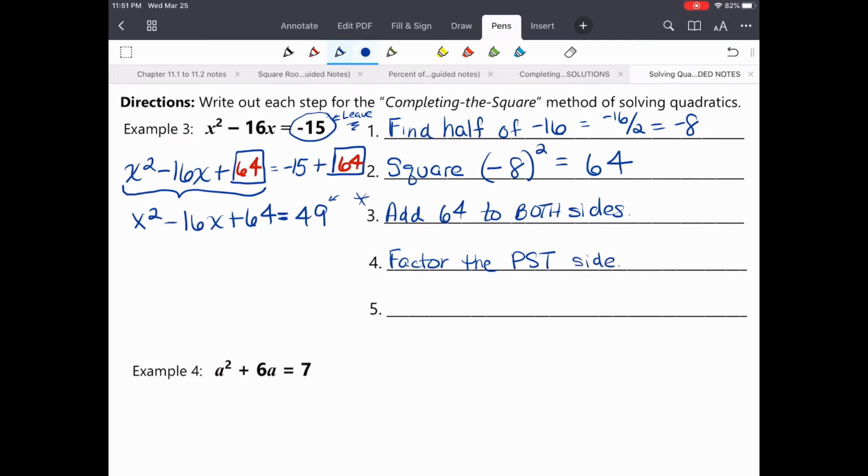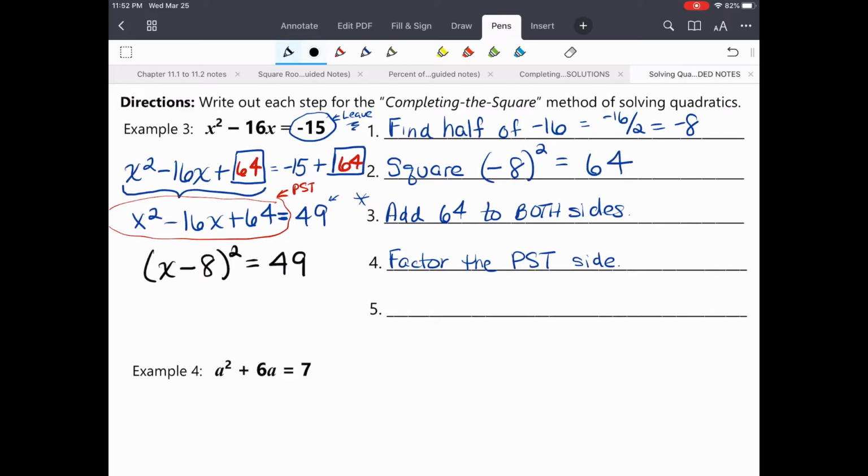Now, if you do the completing the square the right way, this side should be a PST. If it is not a PST, then you did it wrong. All right, so that is going to be a PST. I'm going to write it out as a square of a binomial. So I'm going to write (x minus 8) squared equals 49.